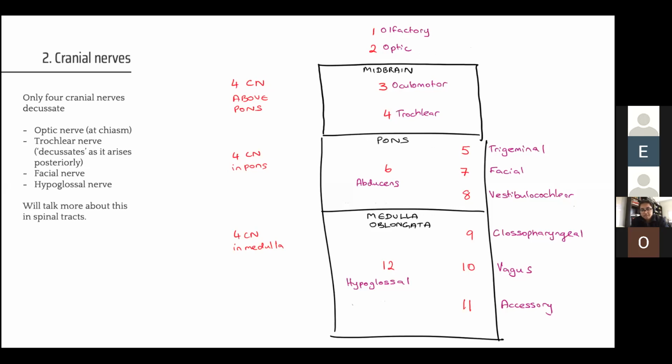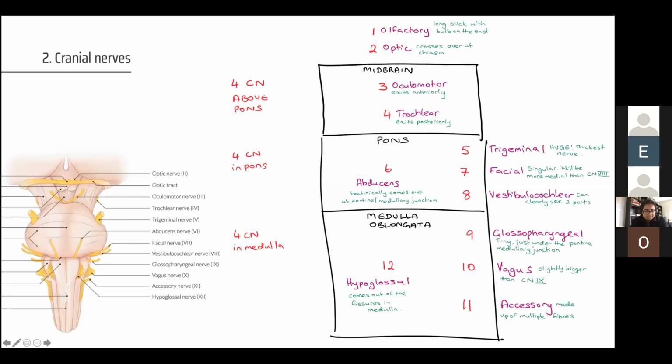This is the kind of diagram that I'm referring to, which is another one that might come up in anatomy imaging questions. If you can draw out a little mini diagram that looks like this, you'll be able to identify which cranial nerve is which, even without labels. And in this version of this drawing, I've just written out a little bit more detail about what each of the cranial nerves looks like.